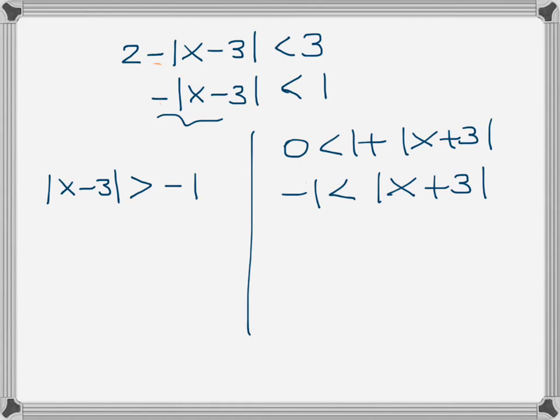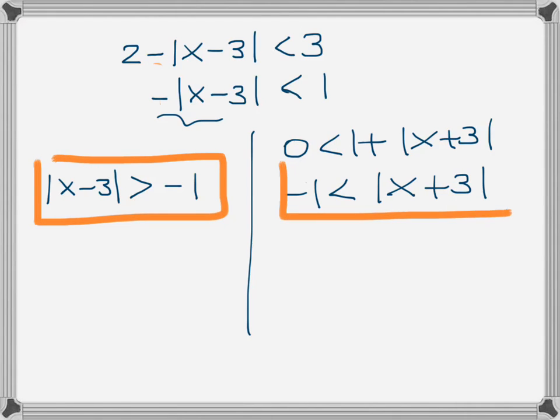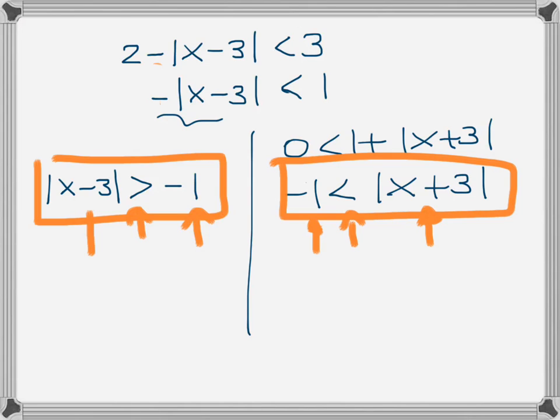So these two inequalities are exactly equivalent, only that they're written backwards. This says the absolute value of x minus 3 is greater than negative 1. This one's saying the same thing: negative 1 is smaller than the absolute value. So this is why, although it looked like an absolute value with a less than sign, at the end you really have to address it like the second case.